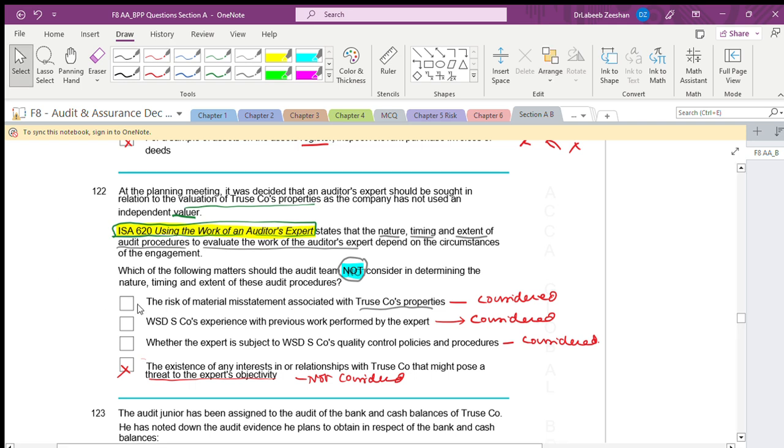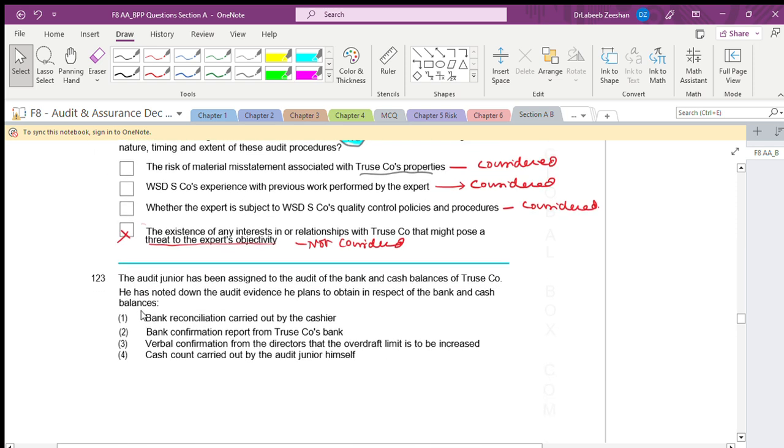Okay, next. I will take only one question at a time. An audit junior has been assigned to the audit of the bank and cash balances of the client company.